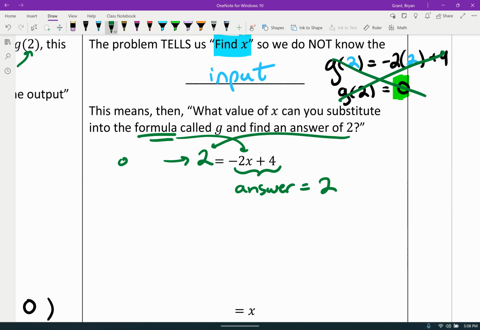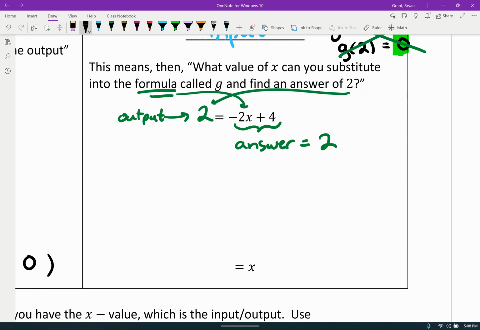This 2 is an output. They're saying, what is the input that gives us a 2 as an output? So, how do we do that? Well, this is really the point of algebra. 2 equals negative 2x plus 4. Well, guess what? We're trying to find x. Is x isolated? No, we just use SADMEP here.